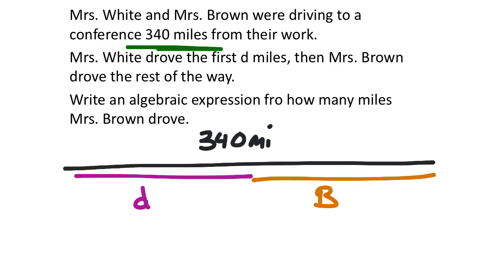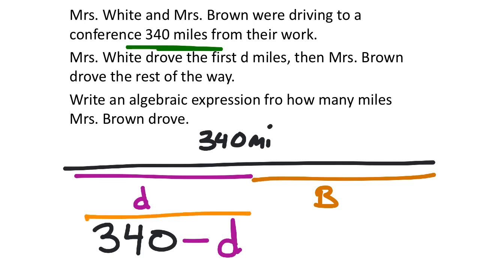Well, Miss Brown is going to drive whatever's left of the 340, right? So we've got to take the 340 miles that they all drove, and how many did Miss Brown drive? Well, we'd have to take away the amount of miles that Miss White drove. So 340 minus D, that's Miss White's miles, would tell us how many miles Miss Brown drove.